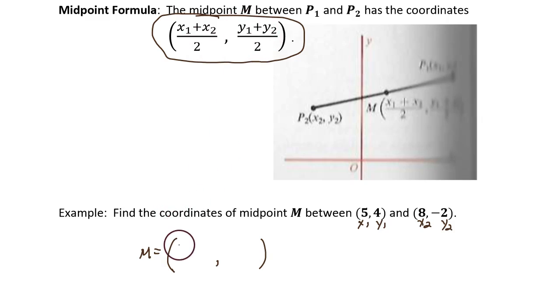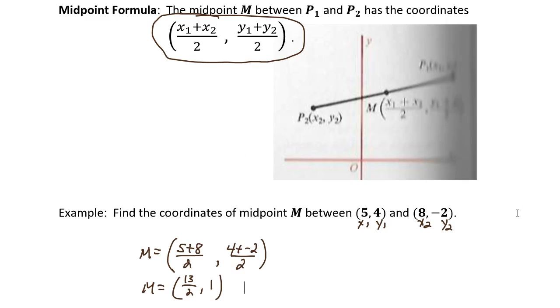So we're supposed to add together 5 plus 8, and then divide by 2. Now after the comma, what does it say to do with the y values? We're supposed to add them together, so 4 plus negative 2, and divide by 2. When you simplify this, we get 13 halves, comma, 1. That dot is exactly in the middle between this dot and this dot.